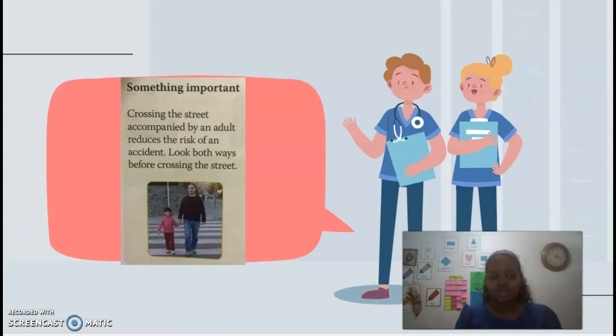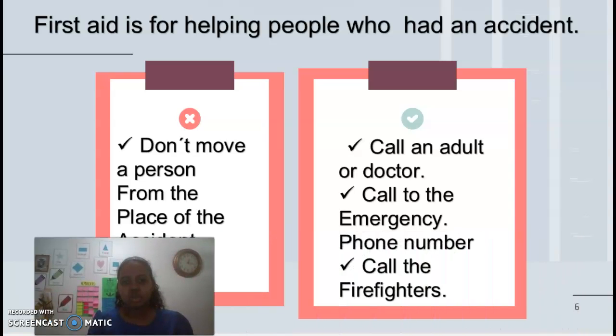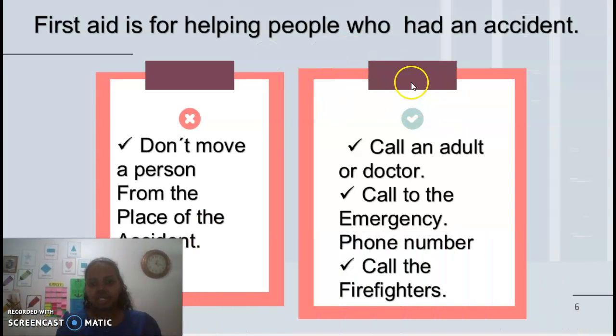What you're going to do today is that in your notebook, you're going to copy this information that I have here. First aid is for helping people who had an accident. So, the thing that we shouldn't do when we are helping a person is move the person from the place of the accident.